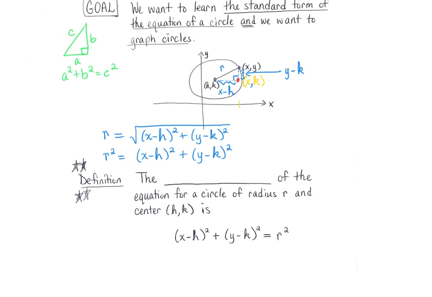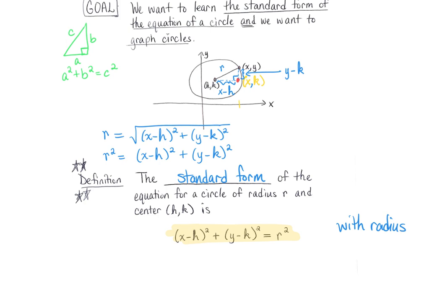And all of that to say that whenever we formally define the standard form of the equation for a circle of radius r with center h comma k, it is given by this equation. This is the standard form for the equation of a circle with radius what? What squared?